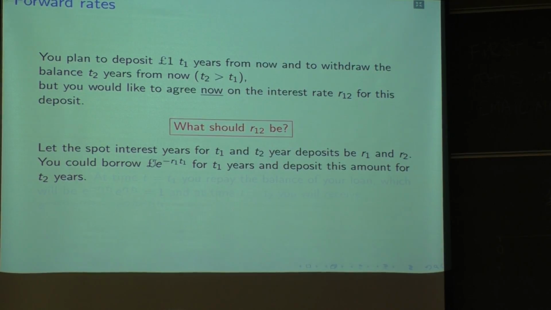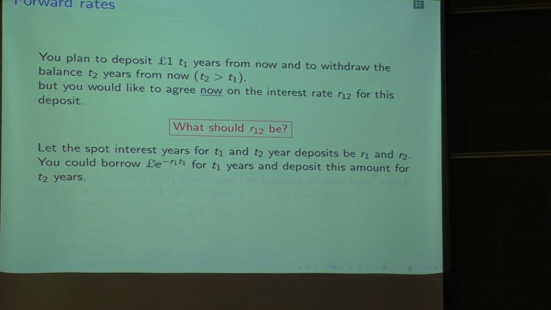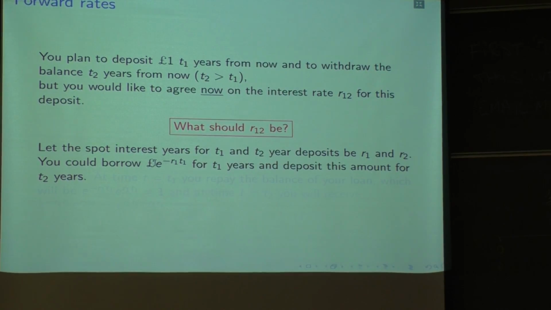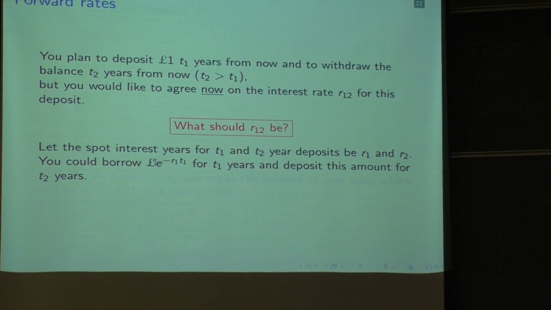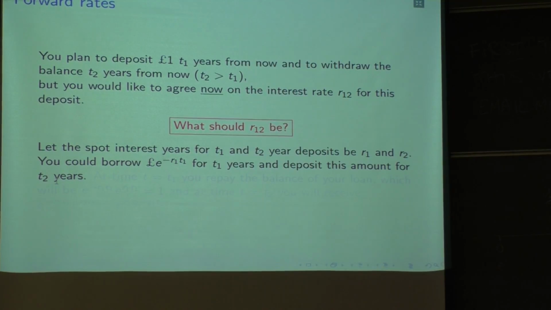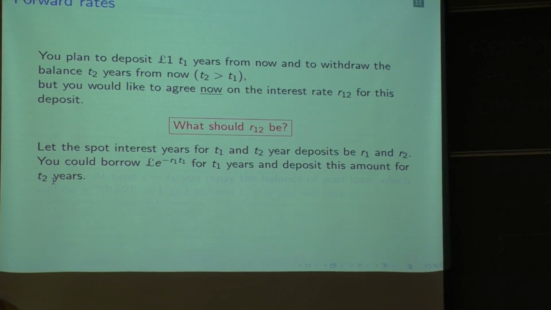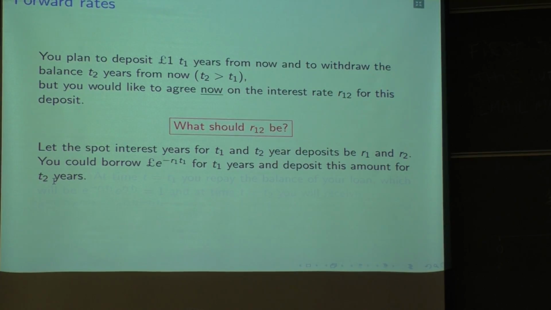And then at time t2, let's see, we started with this amount of money. Now we're going to borrow this amount of money and we're going to deposit this amount of money for t2 years. So what happens at time t2? We deposited e to the minus r1 t1 pounds for t2 years at an interest rate of r2.